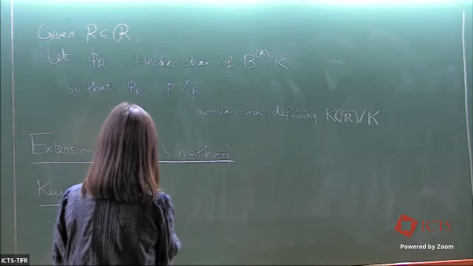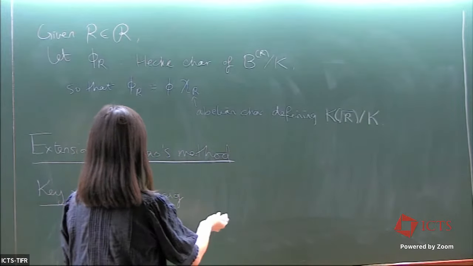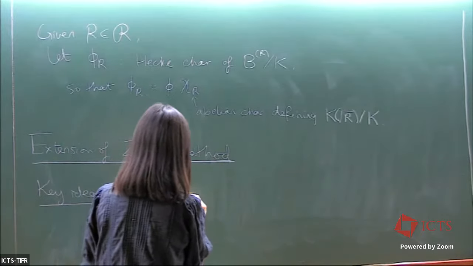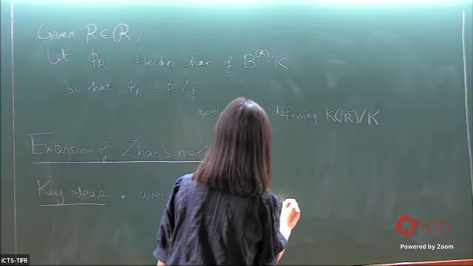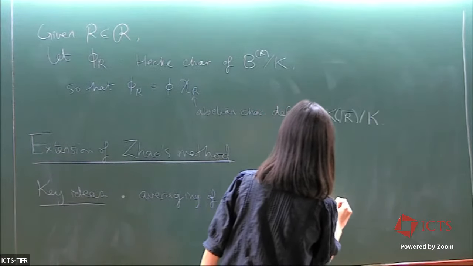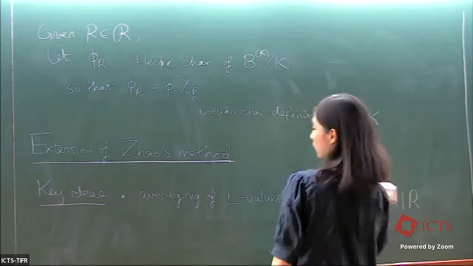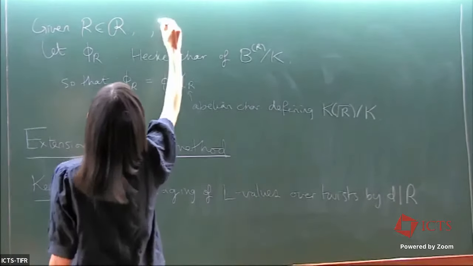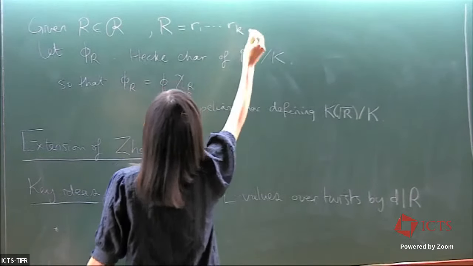First is averaging of L values as D runs over divisors of R, and induction on the number of prime divisors of R. So, okay.